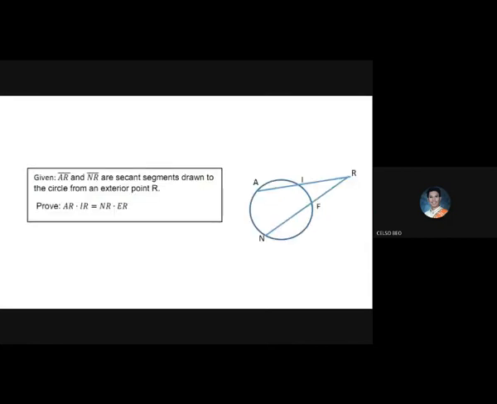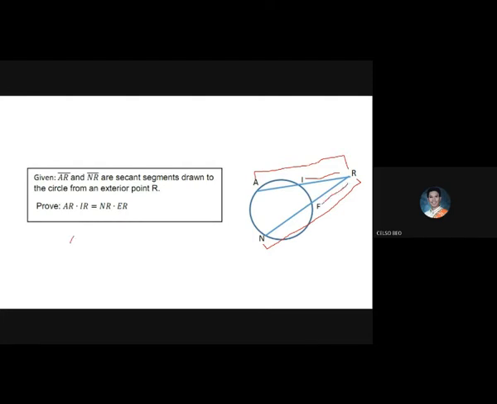Here, if AR is your secant segment and NR is another secant segment, if we multiply AR, this secant segment, to your external secant segment, which is IR, this is equal to your secant segment NR and its external secant segment FR. Sorry, this should be F. This is FR.